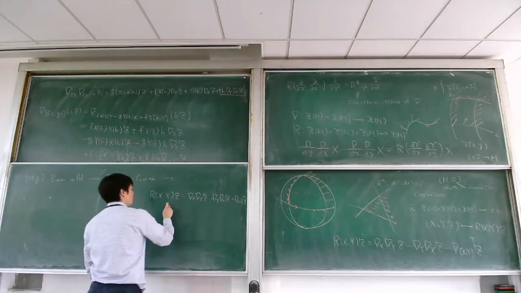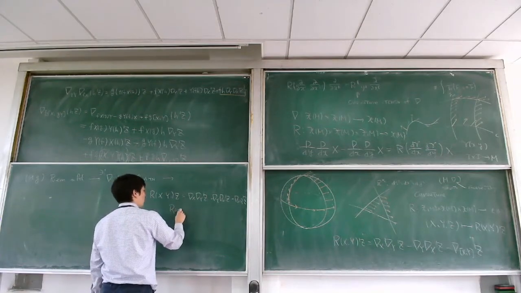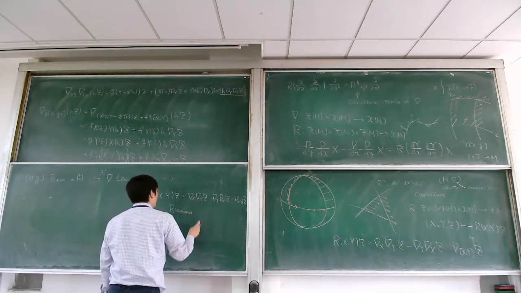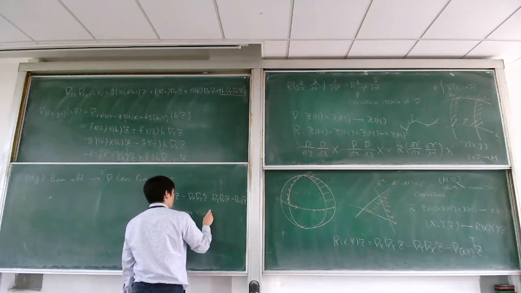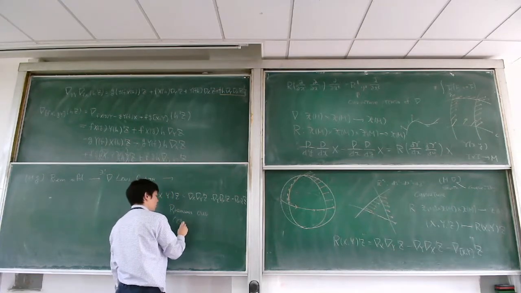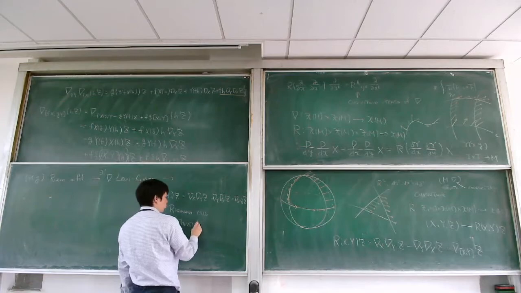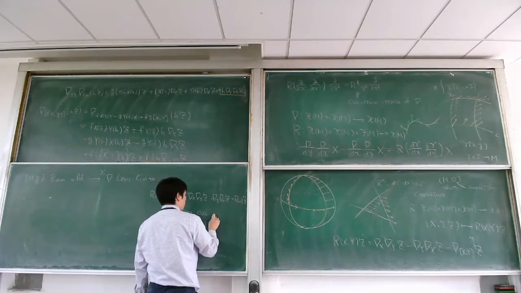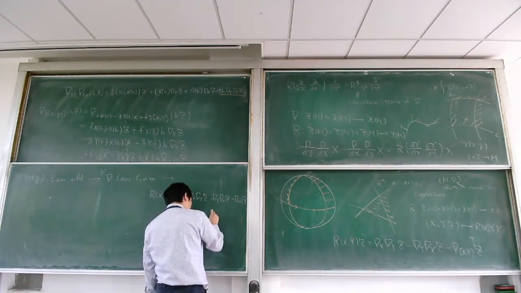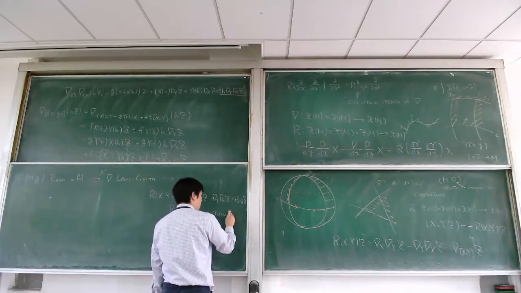So this is called the Riemann curvature tensor. Sometimes Riemann-Christoffel curvature tensor.